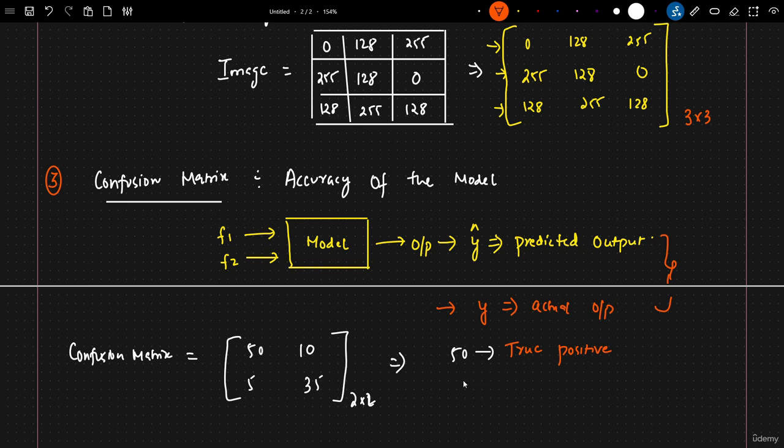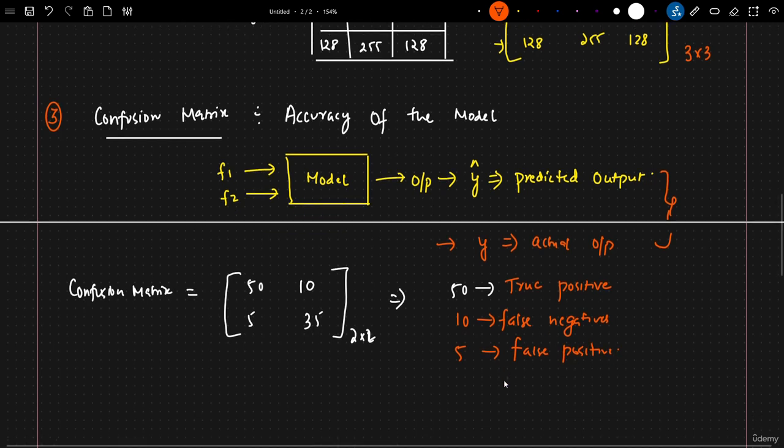The 10 value that you see over here represents something called false negatives. And 5 indicates false positives. And the remaining 35 indicates true negatives.